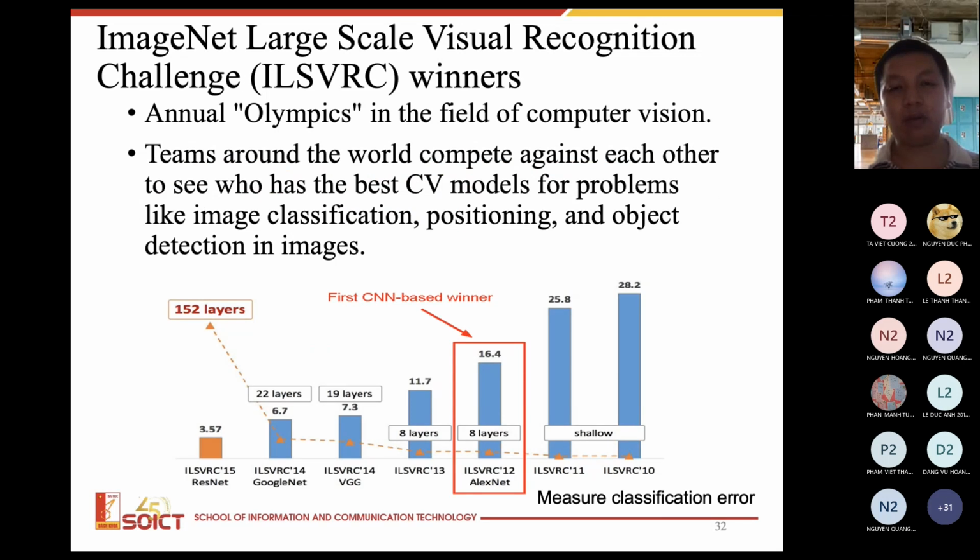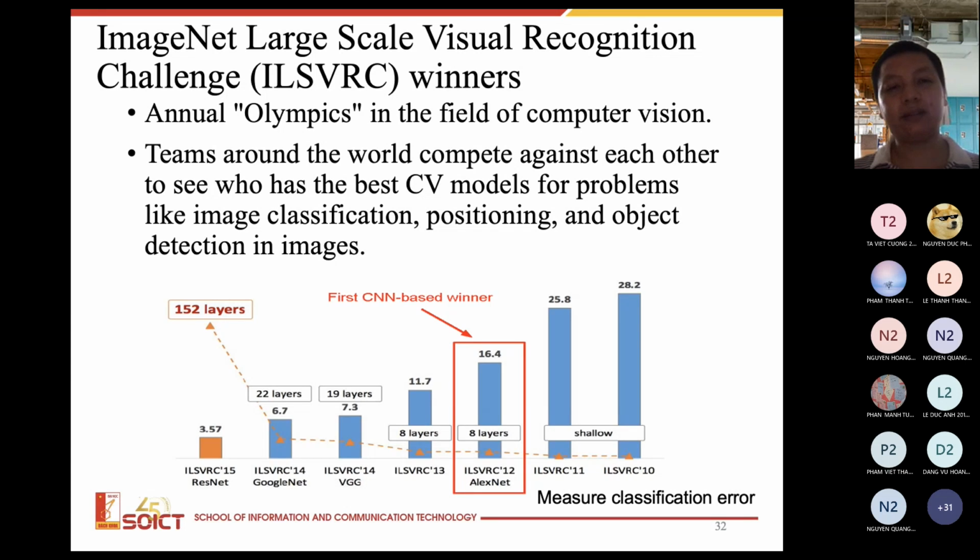That CNN was the champion of the ILSVRC challenge, ImageNet Large Scale Visual Recognition Challenge, right?